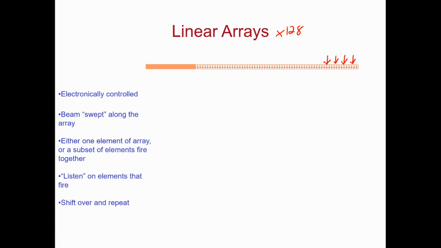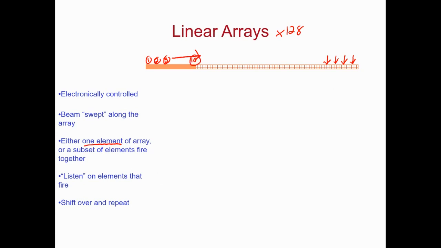In that way, you can fire this one first, and then this one second, and this one third, and so the beam will be swept along the array. You fire and listen, then move over and fire and listen, and move over and fire and listen. You can either fire one element at a time or a subset together. For example, say this is elements 1 through 10.